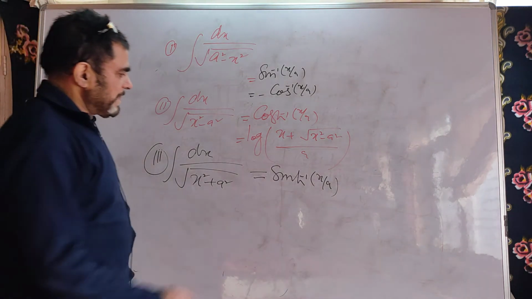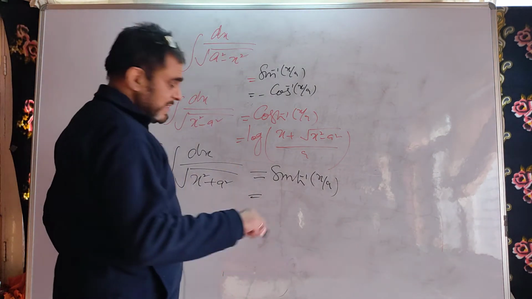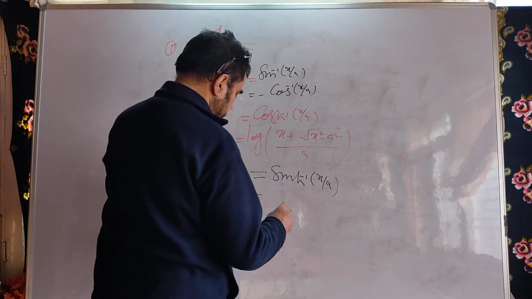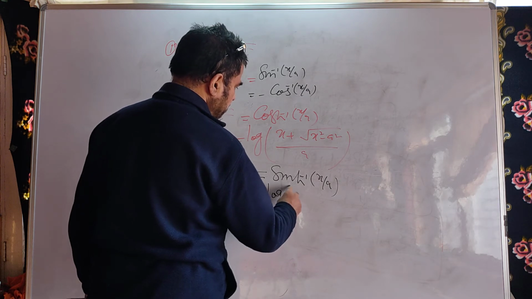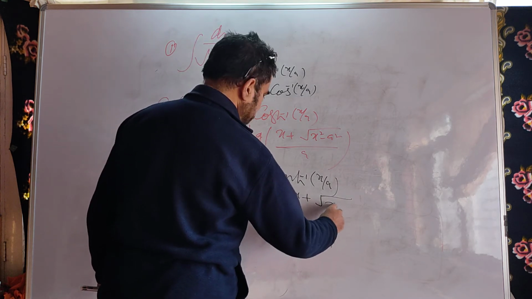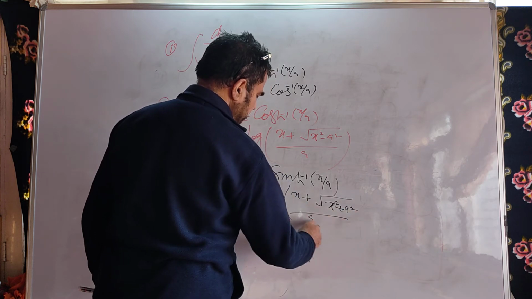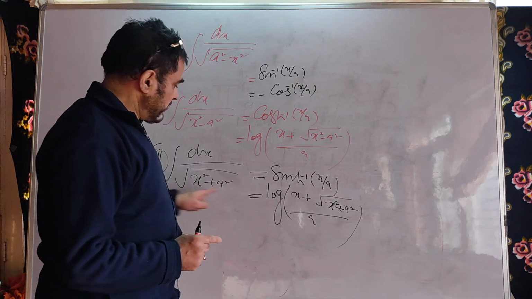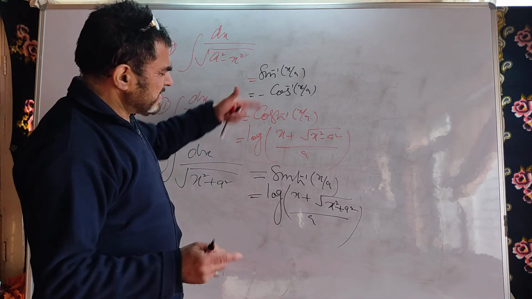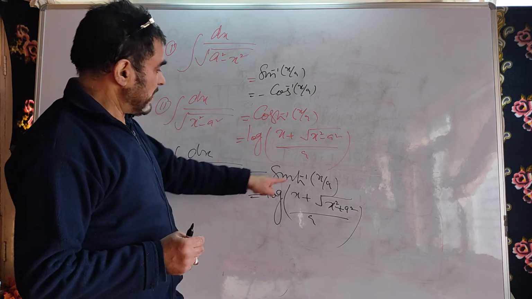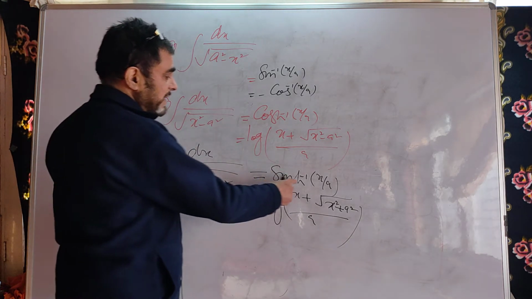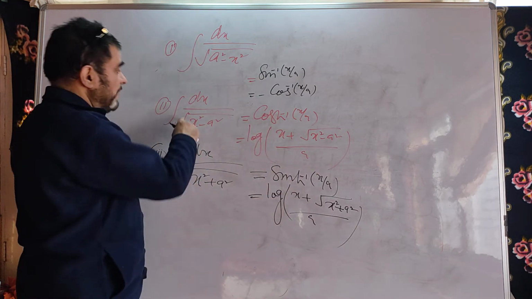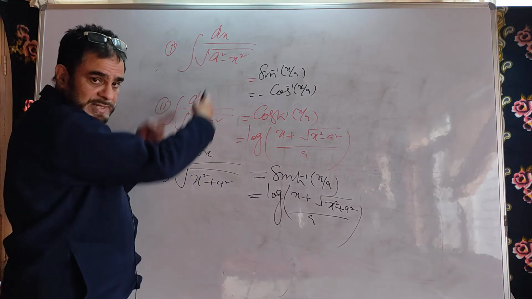This can also be expressed in terms of log, as log of x plus under root of x square plus a square by a. We frequently use the result in this form in differential calculus and differential equations. In some cases we may write this in this form, but you have to remember this. When you have this, it is sine inverse x by a. You have this, it is log of this, and you have root everywhere.